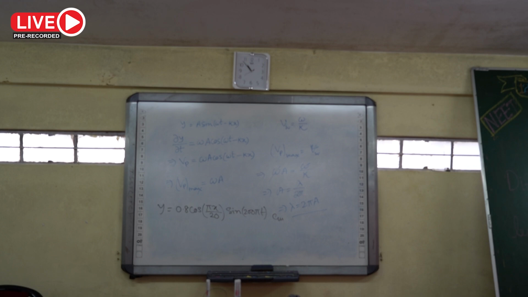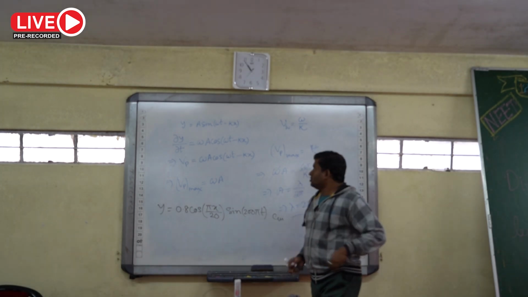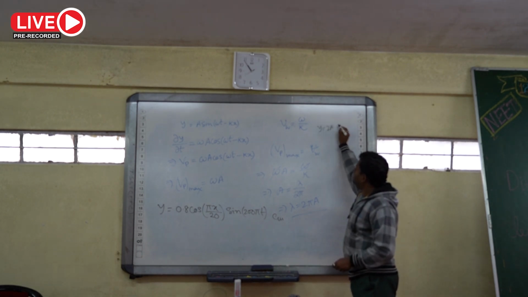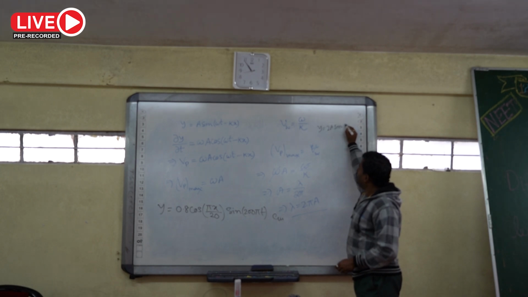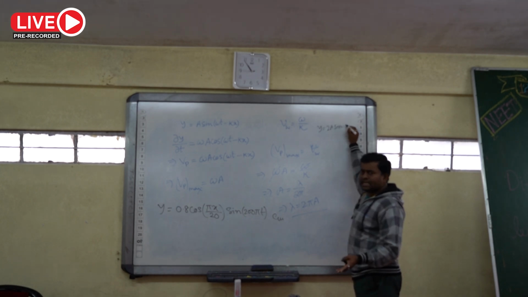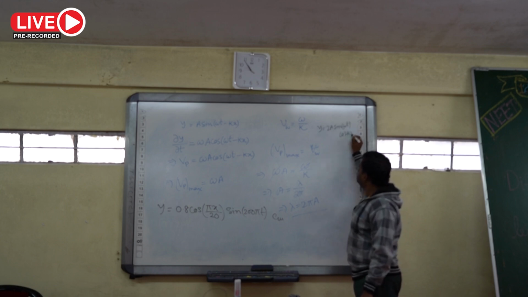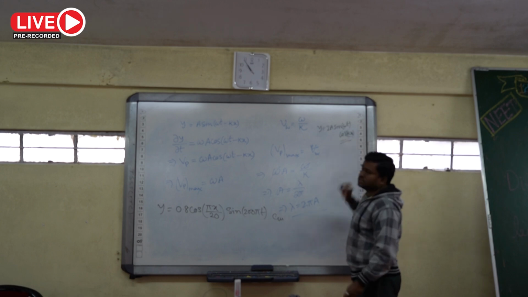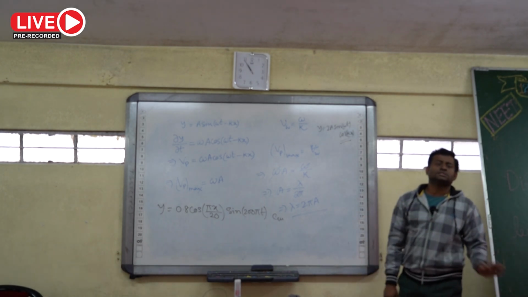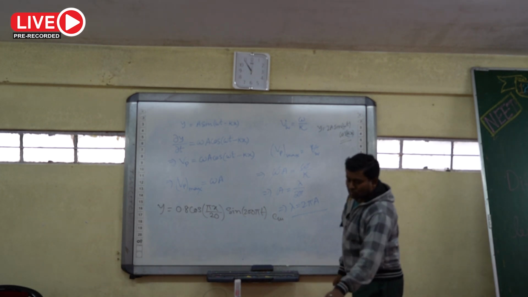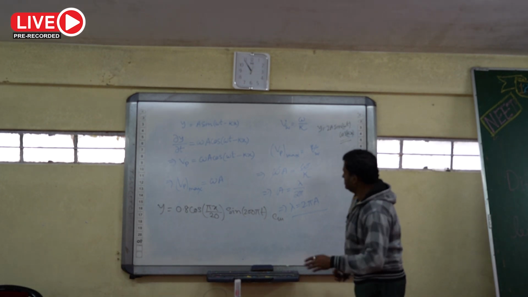It will come as y equal to 2a sin omega t cos kx, or sin kx cos omega t, whatever. This is the equation of a stationary wave. Don't say that, sir, we have never noticed a wave become stationary.